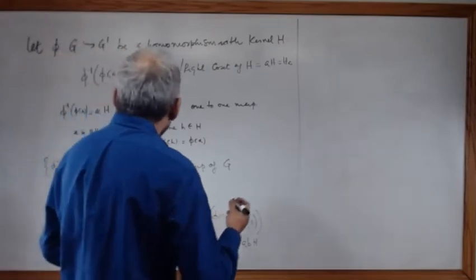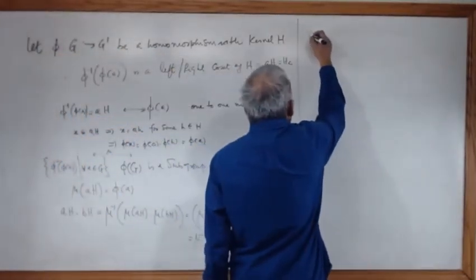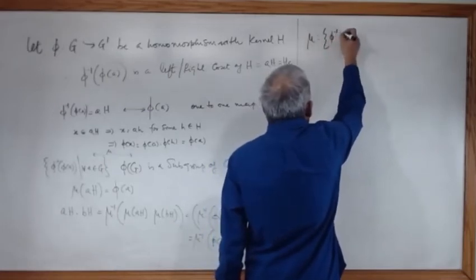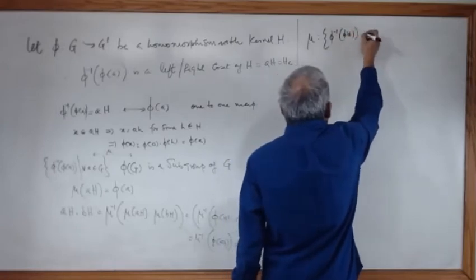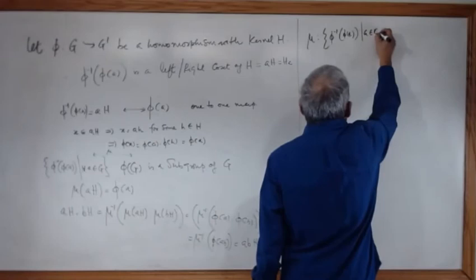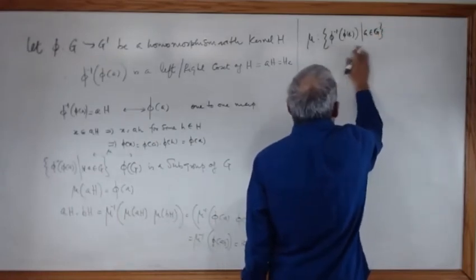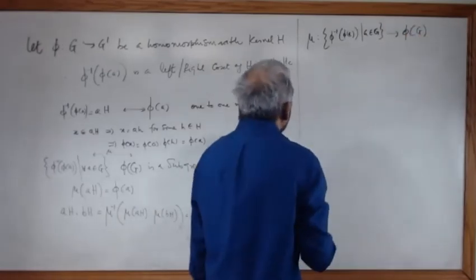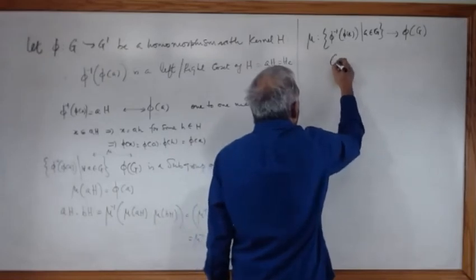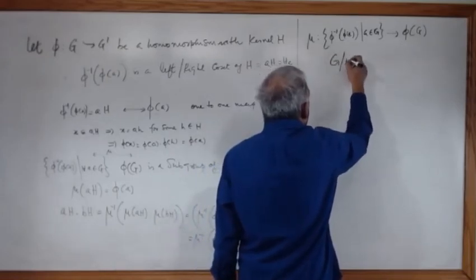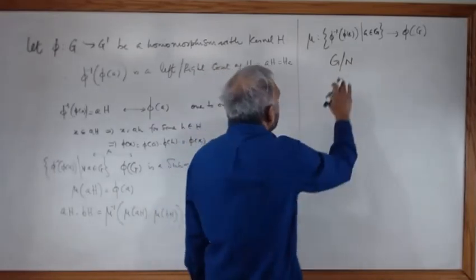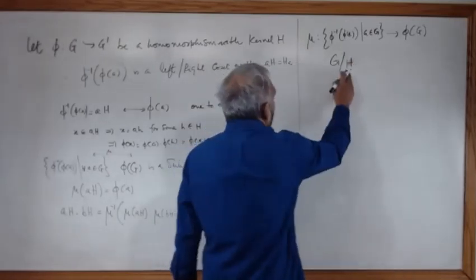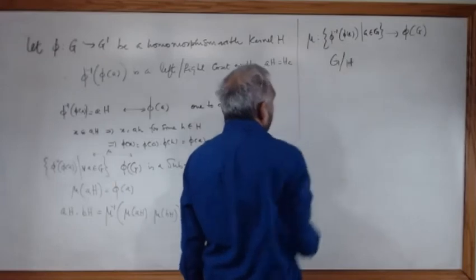So what we have done is, we have a bijective map mu from the collection of cosets phi inverse of phi of a, such that a belongs to G, to phi of G. We normally write this collection as G over H, or G mod H, where H is the kernel of phi.